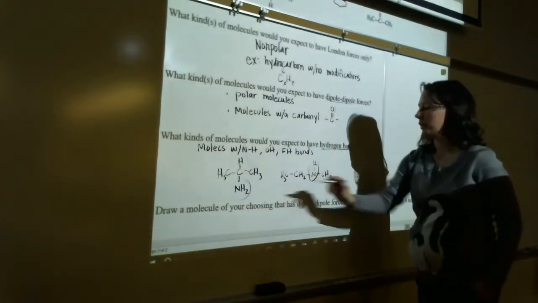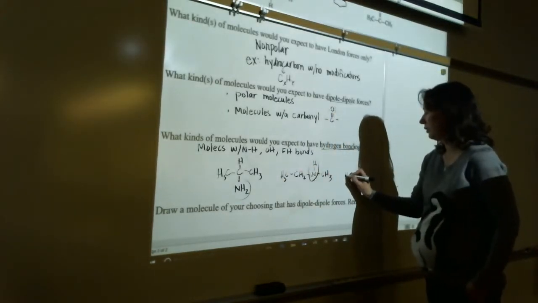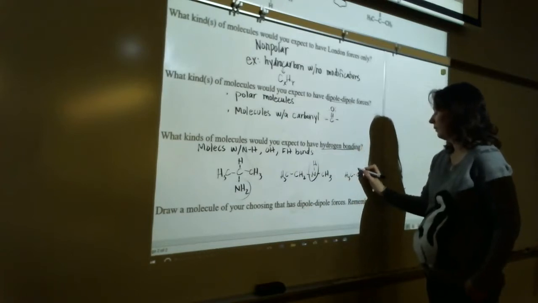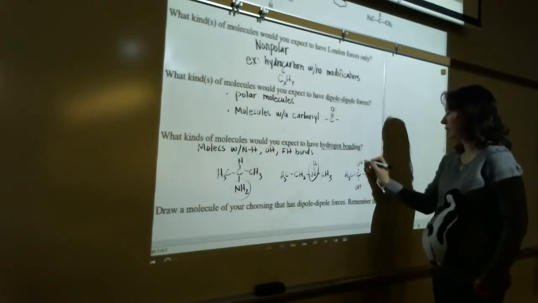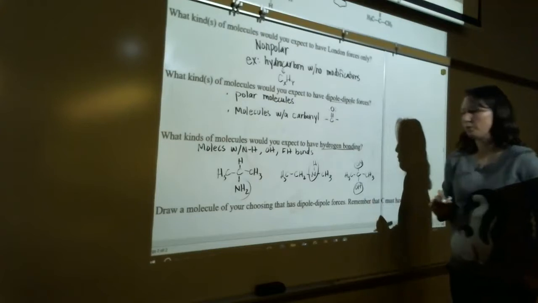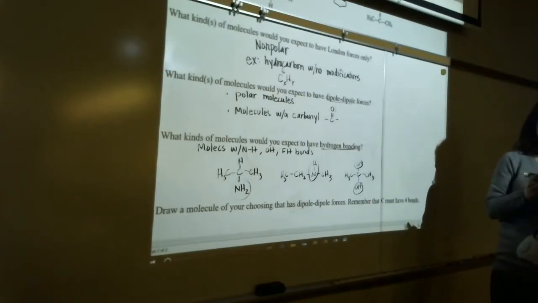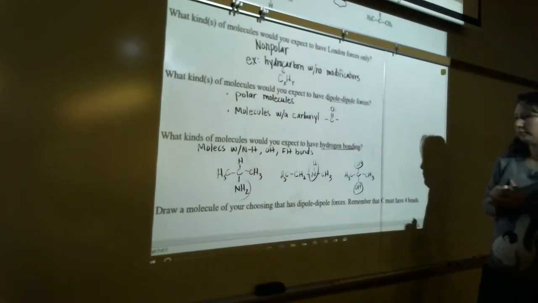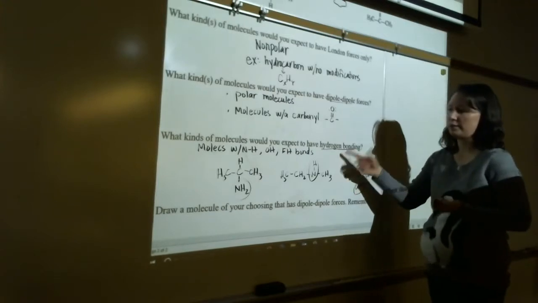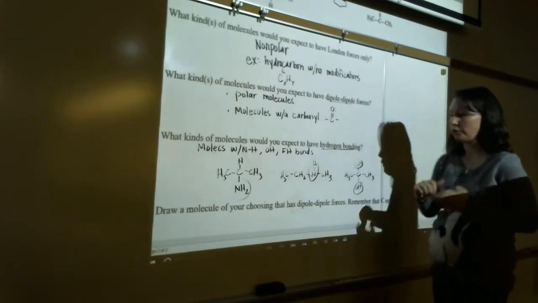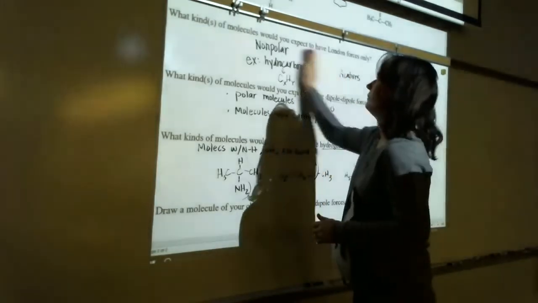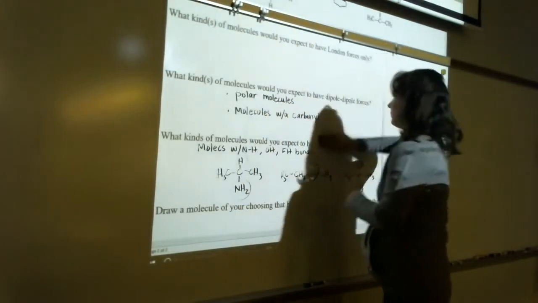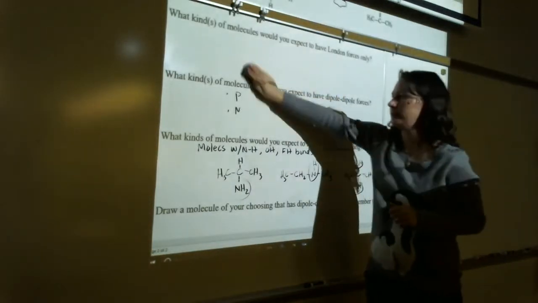If you substituted an OH, let's put 2 OHs there just for fun, all of those would be hydrogen bonding, yes? So as long as your answer says it contains an NH, an OH, or an FH, that fits the description for hydrogen bonding. We good on this one?